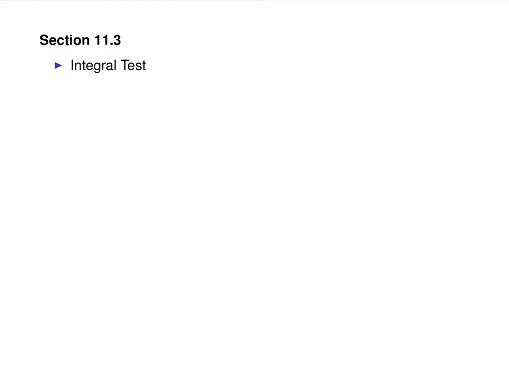The next test we learned was the integral test. For this, you needed to have a function f of x that is positive, continuous, and decreasing on an interval from 1 to infinity. And also f of n needed to give the a_n term in your sequence.